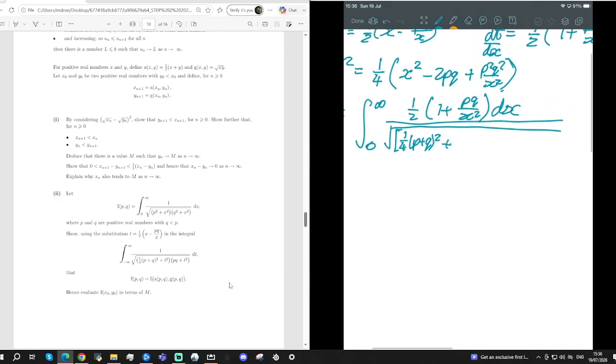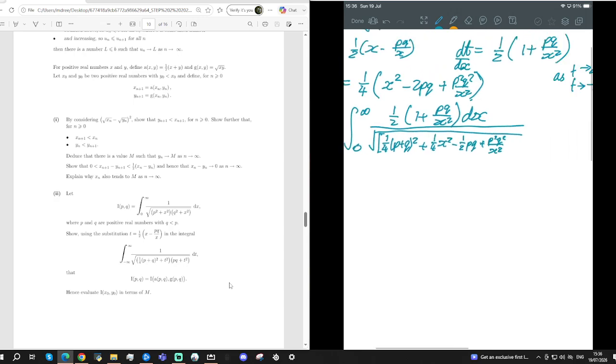Benefit of doing it on the screen, we can zoom in slightly, plus a quarter x squared minus a half pq. I'm expanding this out, and I probably should have expanded the other section out as well, knowing that I'm hoping to do a lot of simplification.